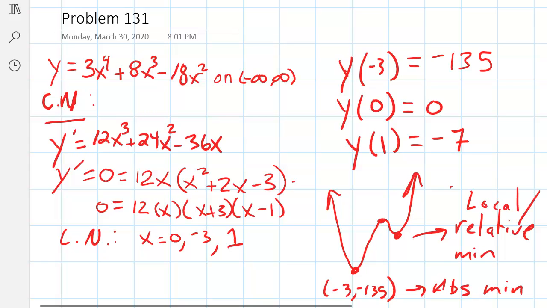And right here, that's 0, 0, and that is a local maximum. There isn't an absolute maximum because the graph tends to infinity to the right and tends to infinity to the left. And so there we have it: local minimum at 1, -7, local maximum at 0, 0, and an absolute minimum at -3, -135.